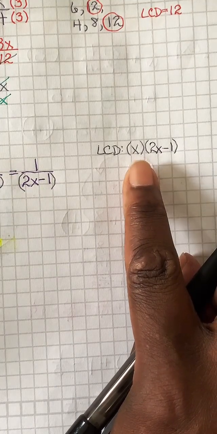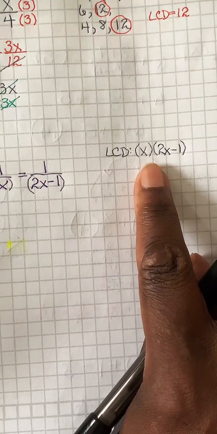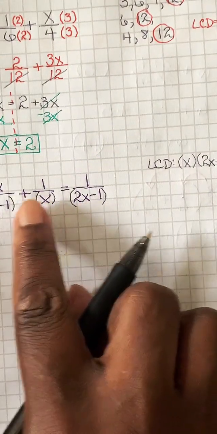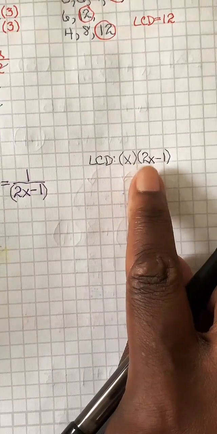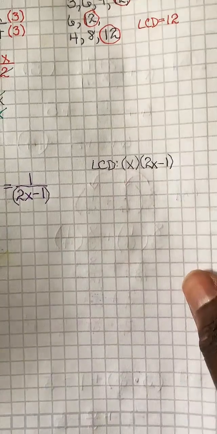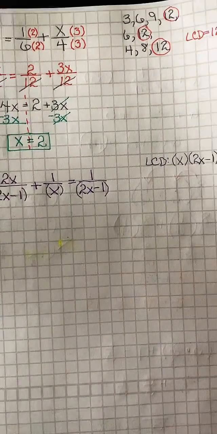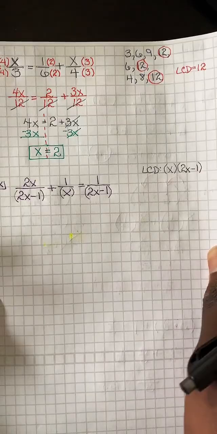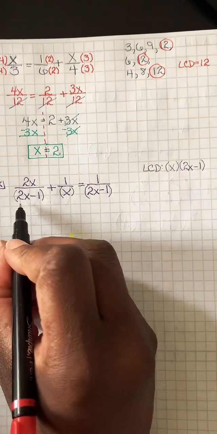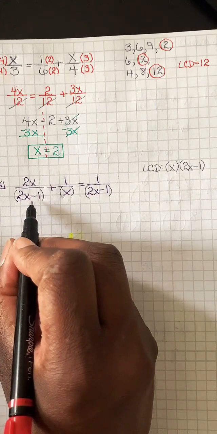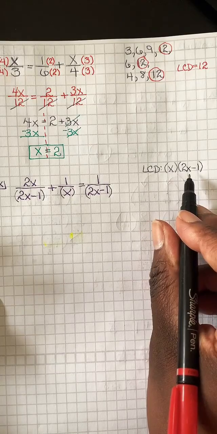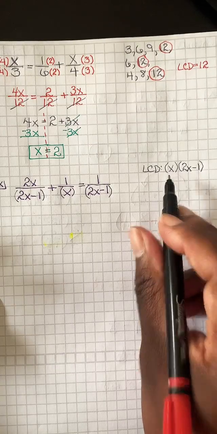Okay. We're going to multiply all three of these with something that's missing from this LCD. If I go to this first one, I already have 2x minus 1. But what's missing is my x.